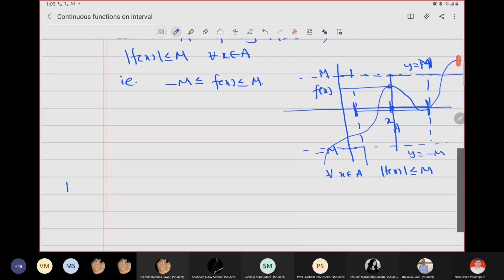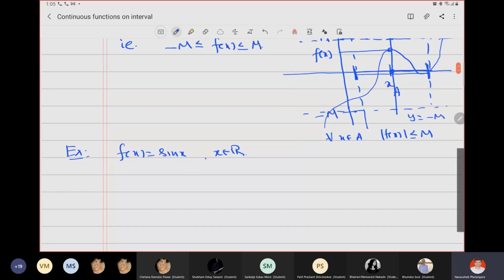For example, f of x is equal to sine x. We already discussed this, but I am repeating it since we are going to discuss the continuity of such functions. The absolute value of sine x is less than or equal to 1 for all x.